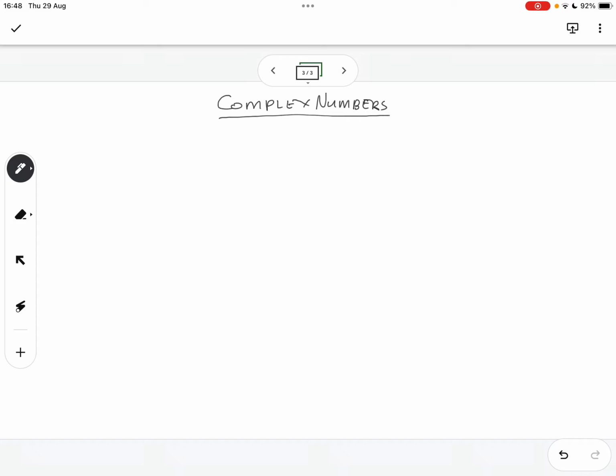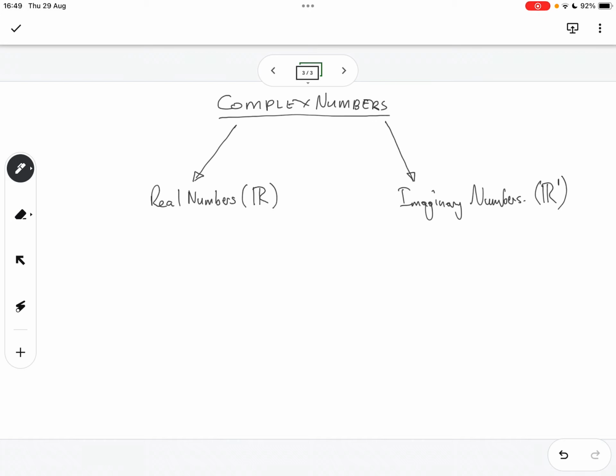Yeah. So here, in the complex number system, we have real numbers. And these are indicated like that, right? Then we have imaginary numbers, and imaginary numbers, it's that R with a thing there on top, ne? All right.